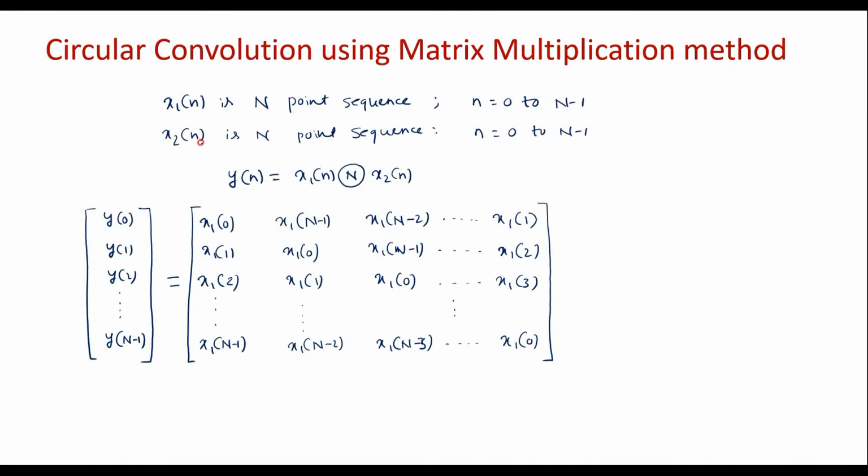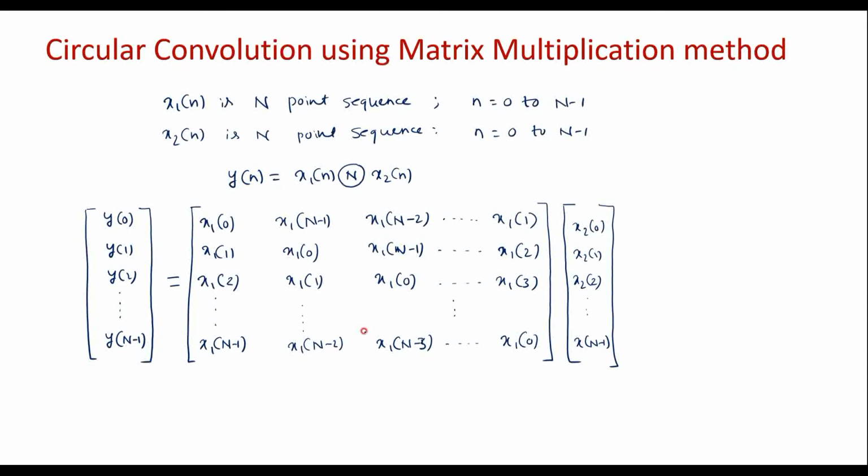The remaining x2 of n should be written here as a column matrix, that is x2 of 0, x2 of 1, x2 of 2, up to x2 of N minus 1.